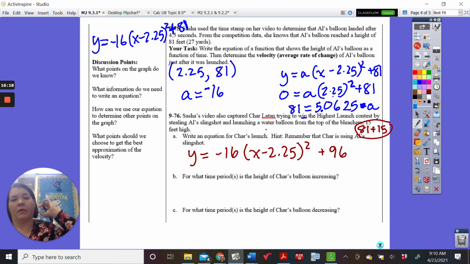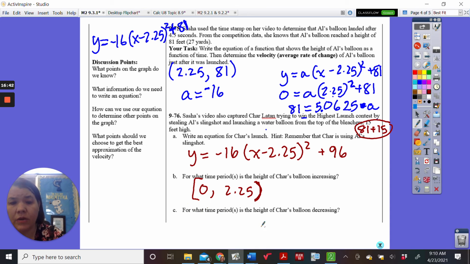For what time period is the height increasing and when is it decreasing? So it's increasing until it reaches its vertex, and it's decreasing after that. So it'll reach its vertex at 2.25 seconds in. So it's increasing from 0 to 2.25, and decreasing from 2.25 to when it hits the ground.